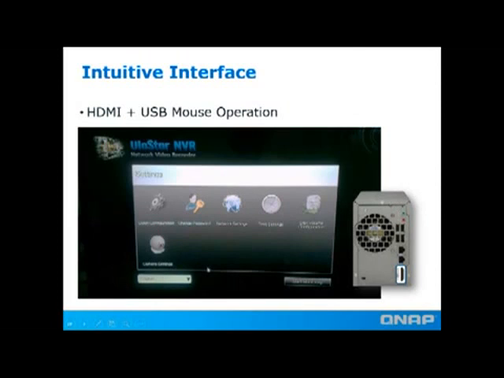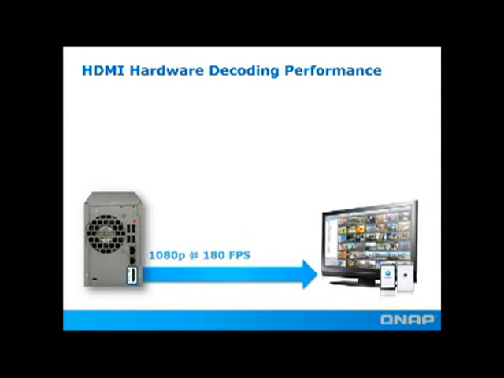So let me talk more about our HDMI local interface if you want to use it like a DVR. This is something that we're very proud of because of our partnership with Intel. We have optimized the hardware platform to use the internal HDMI decoder. Basically, the system has two processors. The first processor, a dual-core Intel, is used for the data processing and the main system.